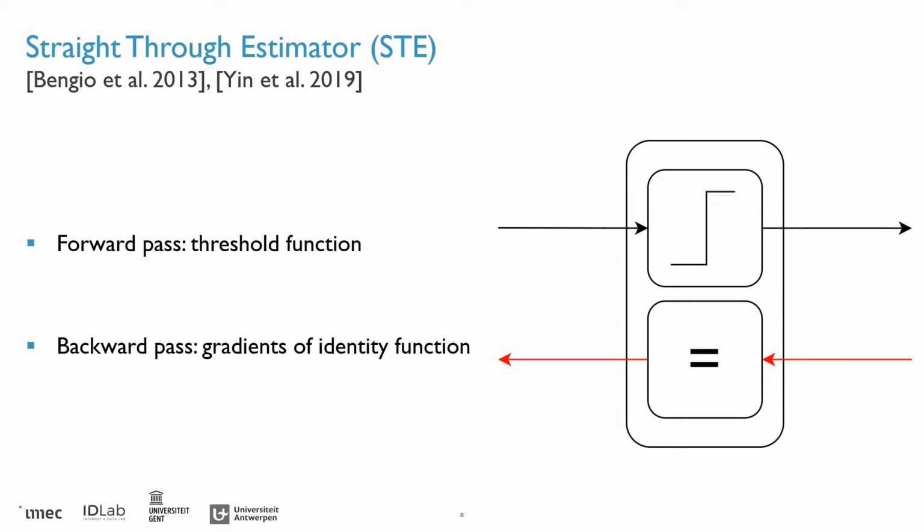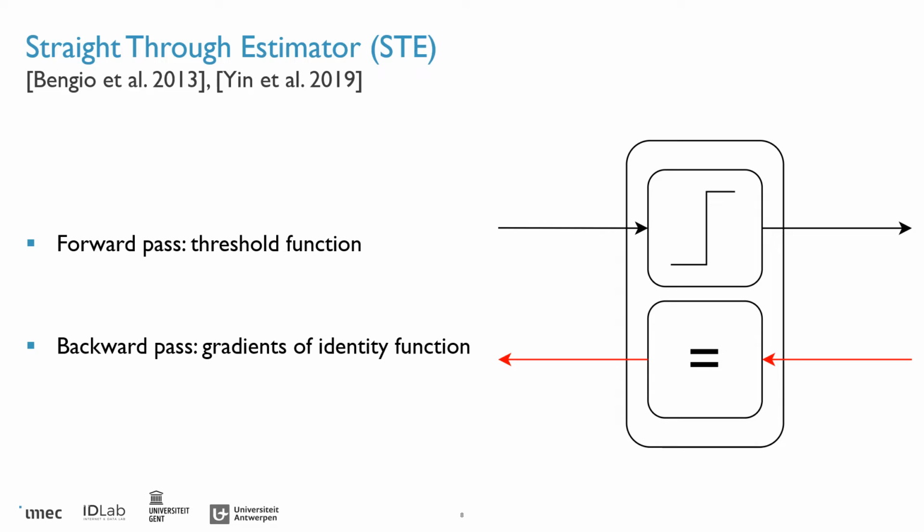The second discretization method that we will look at is a straight-through estimator. This one also has two separate modes, which are used for the forward pass and the backwards pass, instead of for training and execution. During the forward pass, we will discretize the inputs by applying a threshold function.